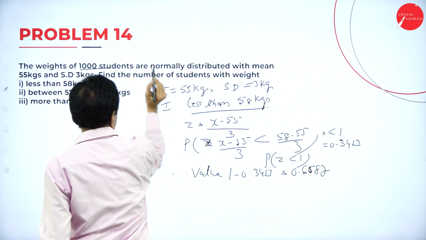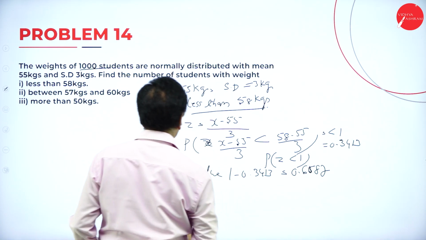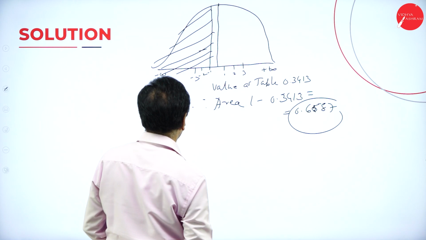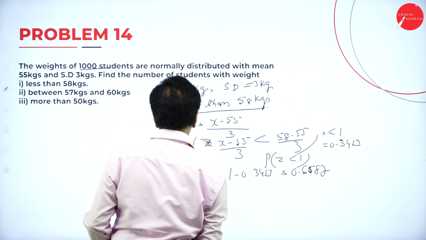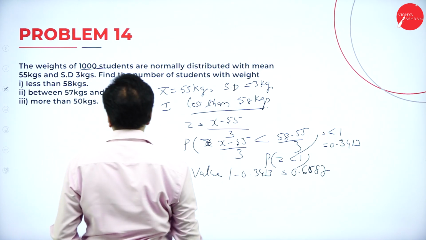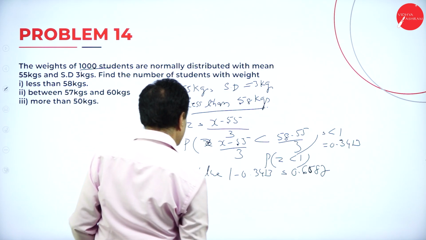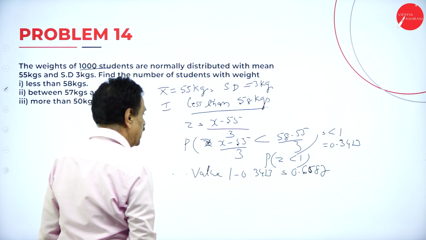So there are 1,000 students, and for 58 kgs the value is 0.6587.